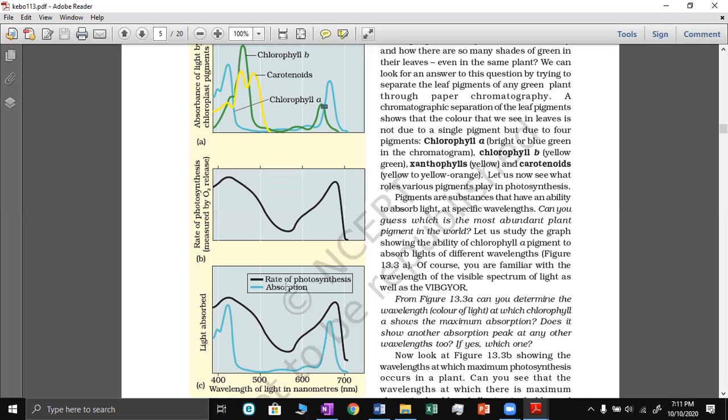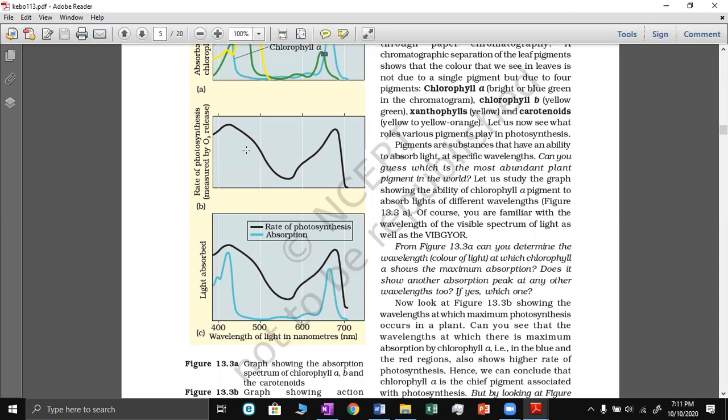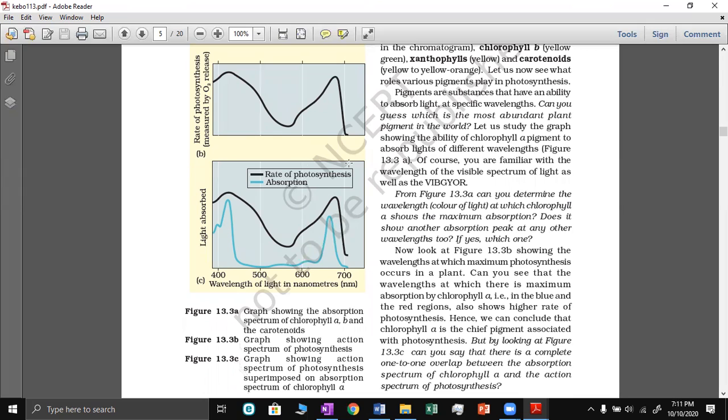And here one graph is showing the rate of photosynthesis. In the blue region it is high, and again in the red region it is high. In this third graph, the black line shows the rate of photosynthesis and the blue line shows the rate of absorption by the chlorophyll A molecule.